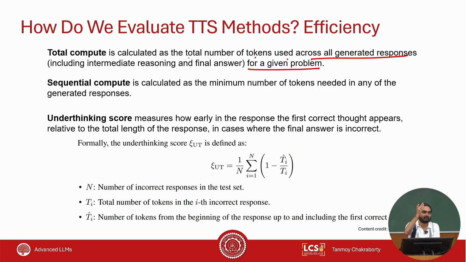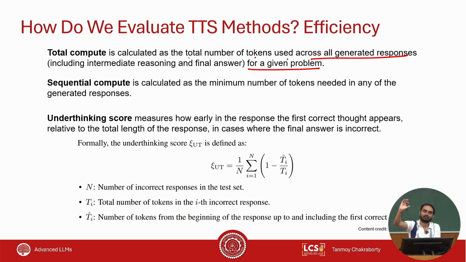And in the incorrect responses, it may happen that some steps were correct. It may happen that in that incorrect response thread, initially you started thinking correctly, but then you got deviated.